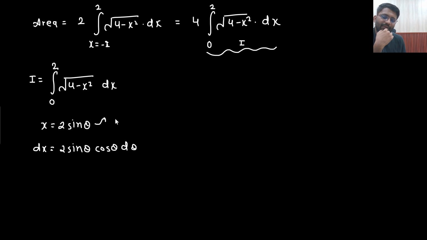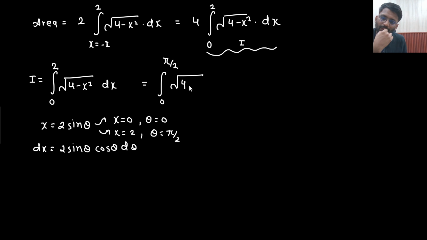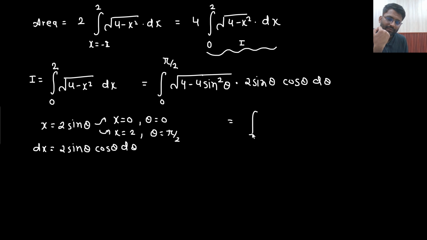And when x equals 2, theta will be pi by 2. Right? So from 0 to pi by 2, under root 4 minus x square, that is 4 sin square theta. What is the value of dx? Dx is simply 2 cos theta d theta. Right? So 0 to pi by 2.